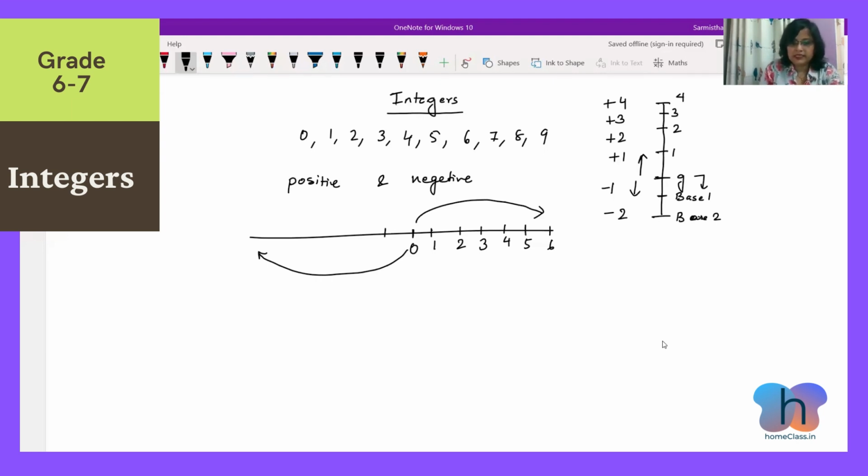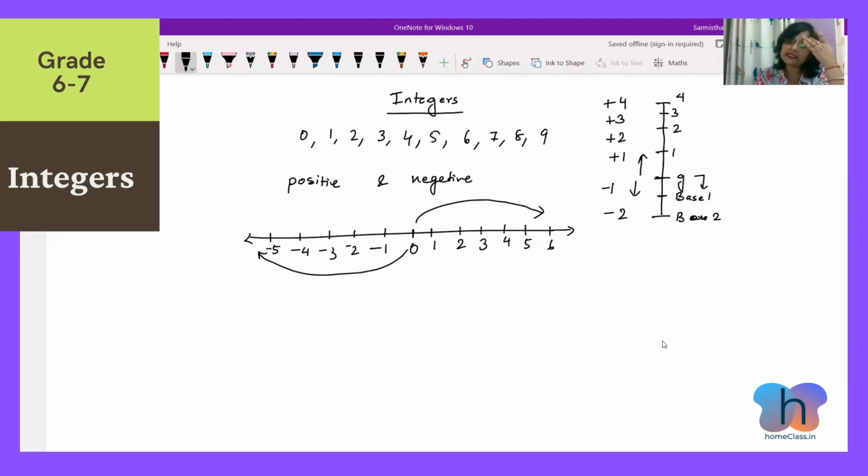Now we are going to the left hand side. So this is 1, this is 2, this is 3, this is 4, this is 5, but all are negative numbers. See, I have written all negatives. We need to remember that if we have 1 pencil and if we have 5 pencils, the number 5 is always bigger than 1.